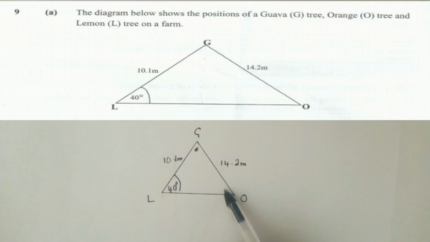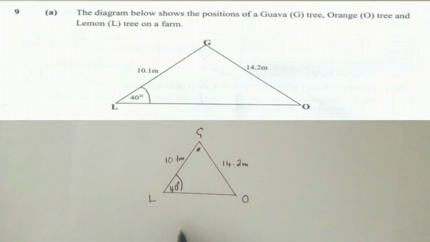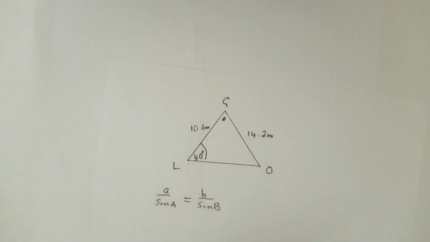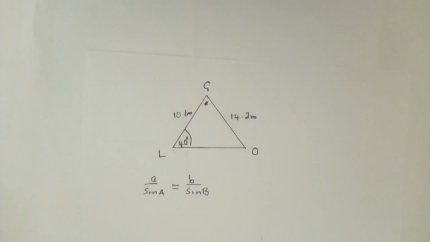After finding this angle, we use the property of the triangle, whereby all angles inside the triangle add up to 180. So the sine rule formula looks like this: a over sine A is equal to b over sine B. So this is the rule we're going to use.